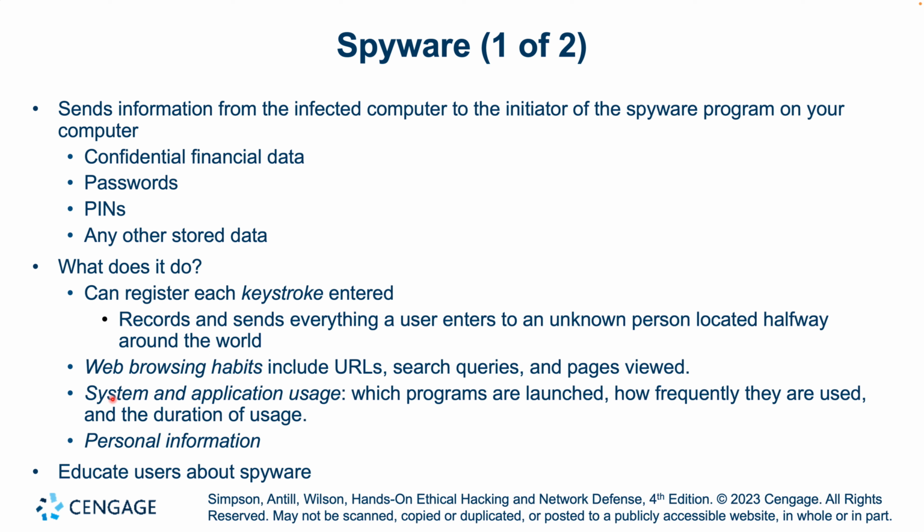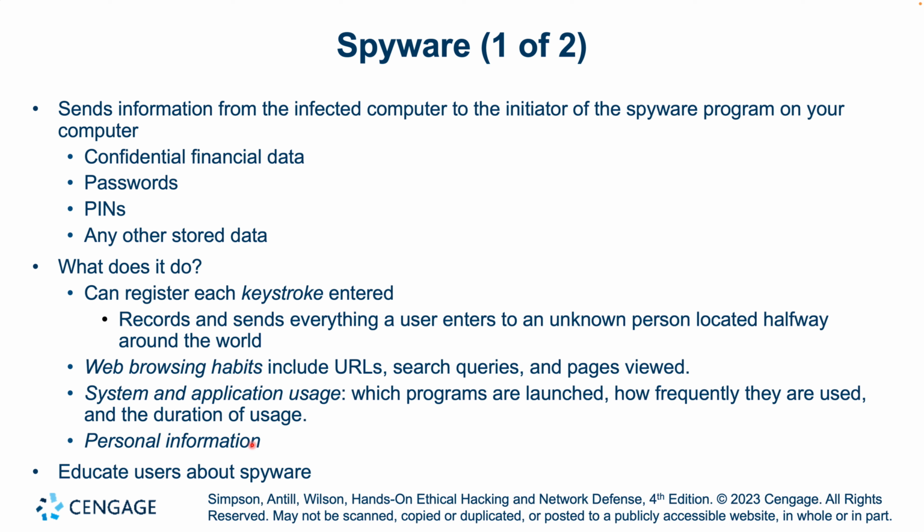It can view system and application usage, like which programs are launched, how frequently they are used, and the duration of the usage. And the worst part is the personal information. It can steal personal information.